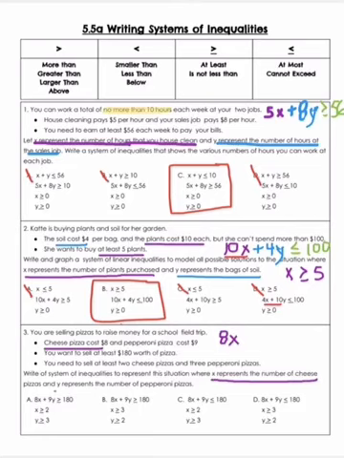And then we have Y is pepperonis. So pepperonis are 9, so that's plus 9Y. Hey, I got it right. And then we have at least $180 worth of pizza. So we can sell more than or equal to $180.